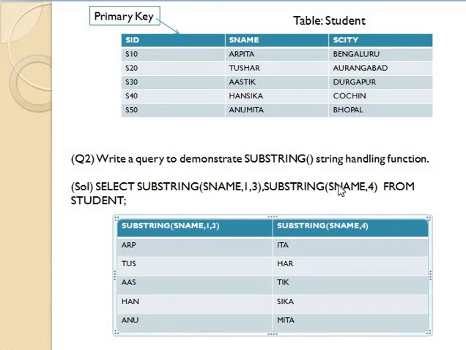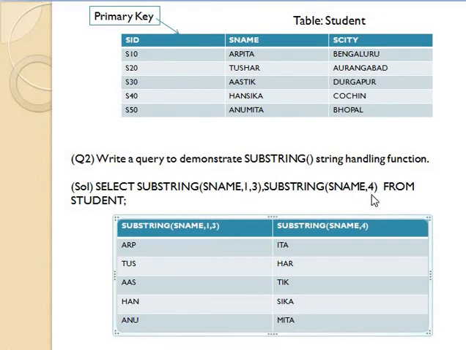Now for the column sname, if the starting letter is at position 4, then for the entry Arpita, the 4th position is the letter I, and how many characters to extract is not shown here, like it was shown before that 3 characters were to be extracted after the starting position 1.